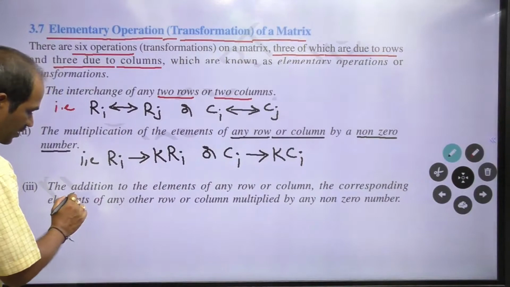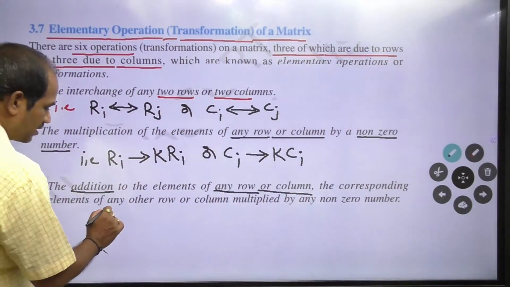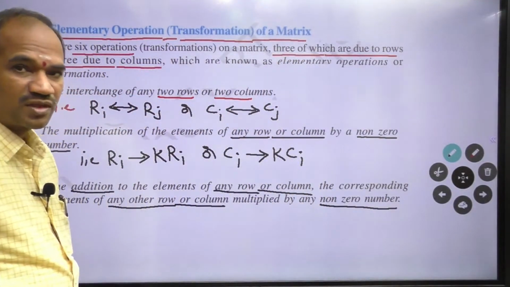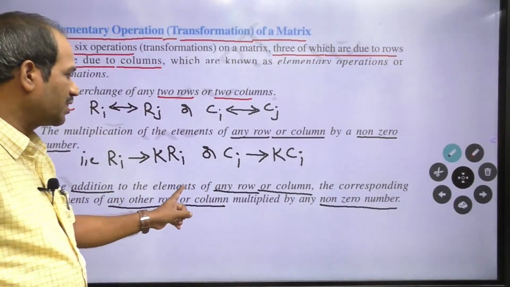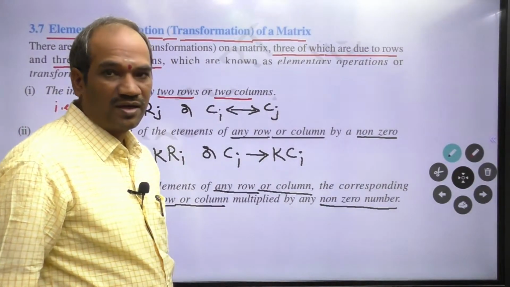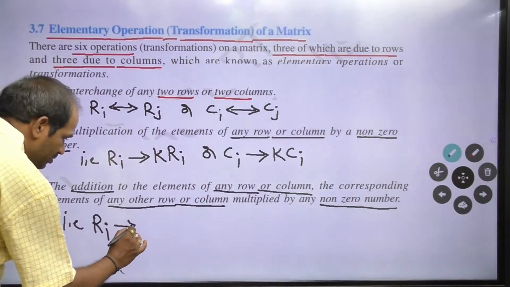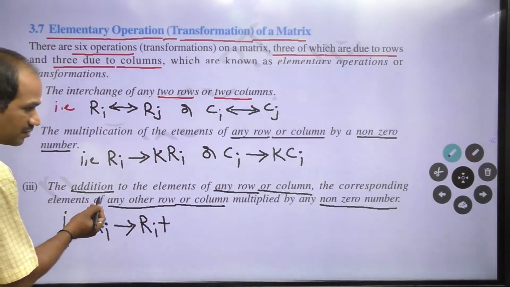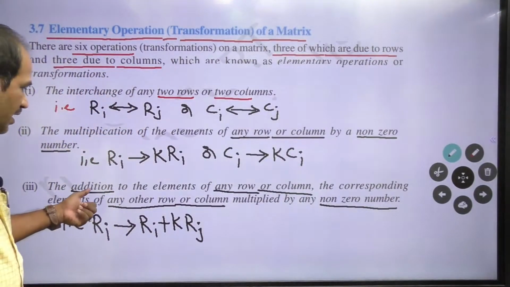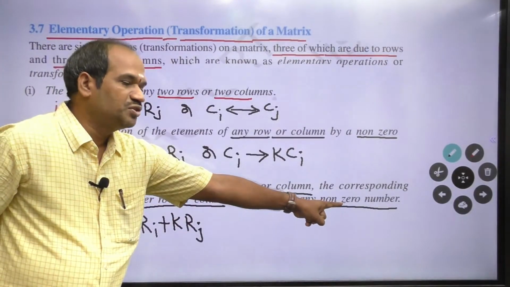Next, the third property is the addition to the elements of any row or column of the corresponding elements of any other row or column multiplied by a non-zero number.